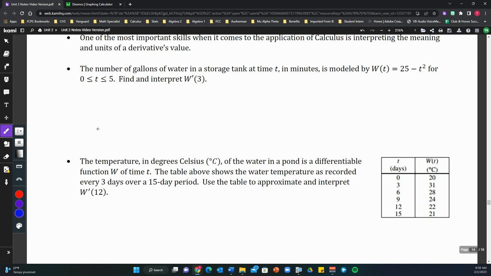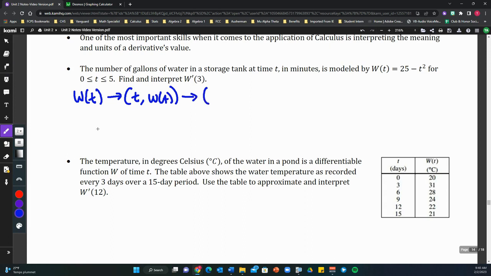Before we actually do the calculus, I just want to analyze the information that's given to us. We have this original function w of t. For this function, our inputs would be t, our outputs are w of t. But I want you to consider the units used.